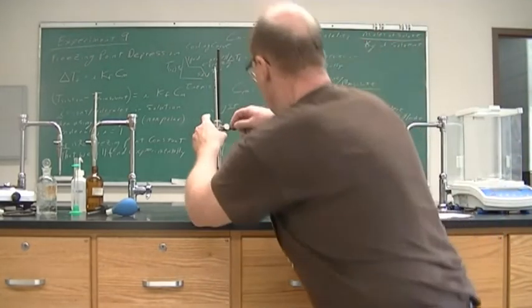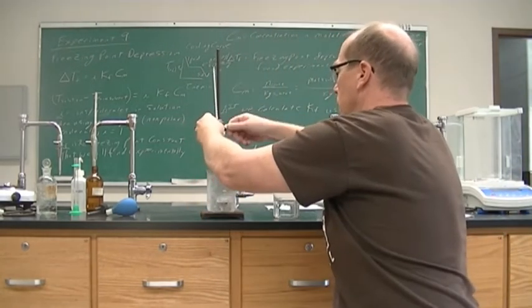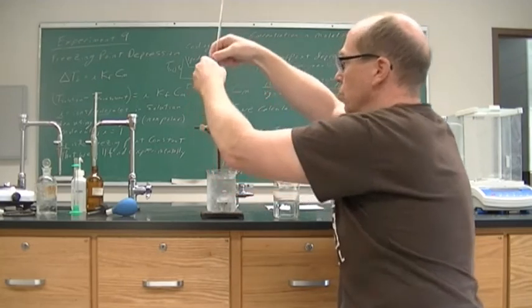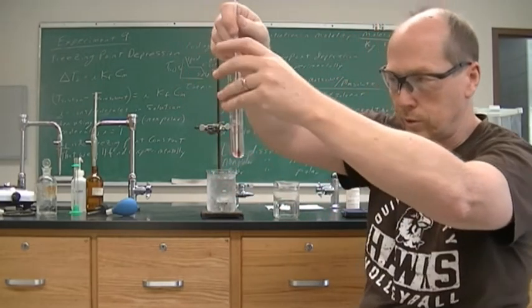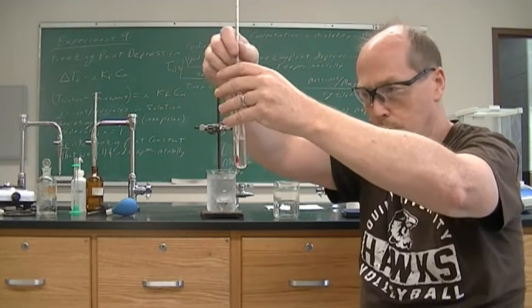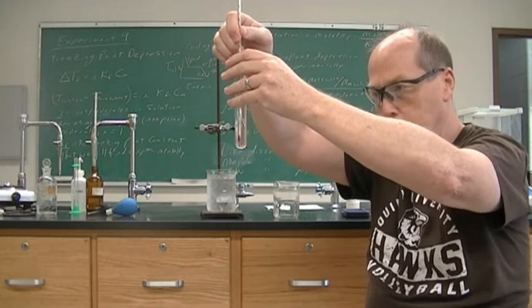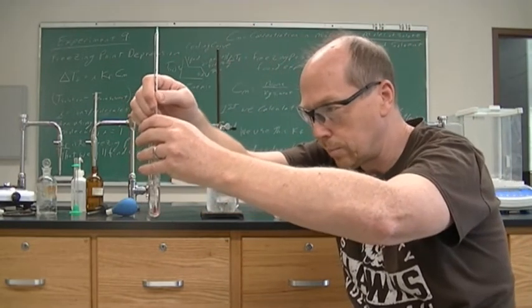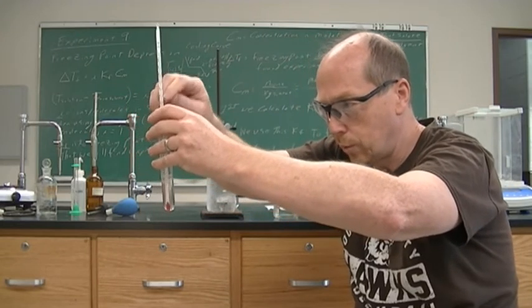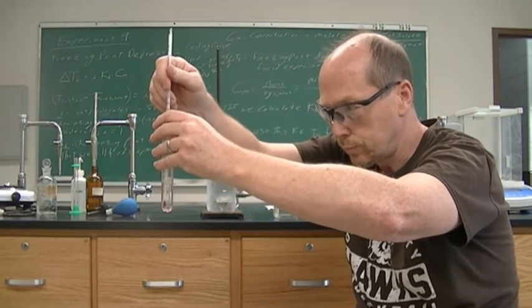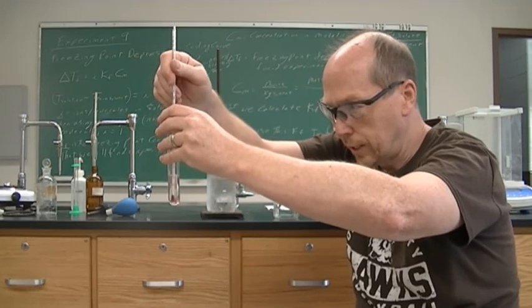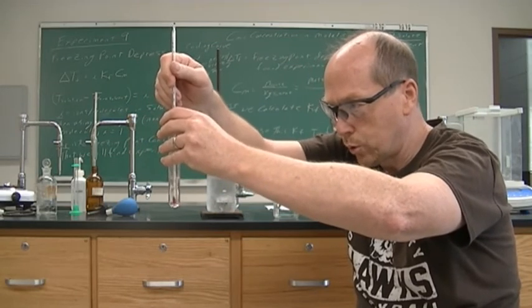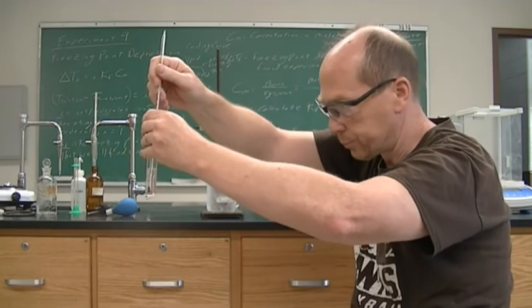All right, so now I'm going to dissolve it. So there's solid at the bottom, and you got to make sure that the unknown is completely dissolved so that we have a solution. And so again, the cyclohexane is a non-polar organic solvent.